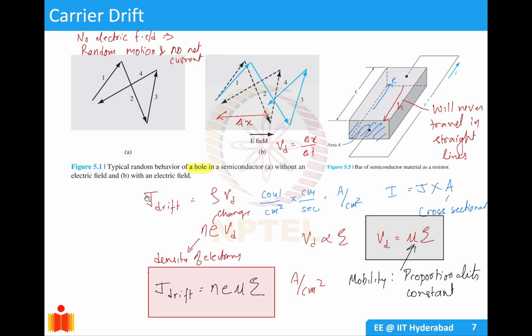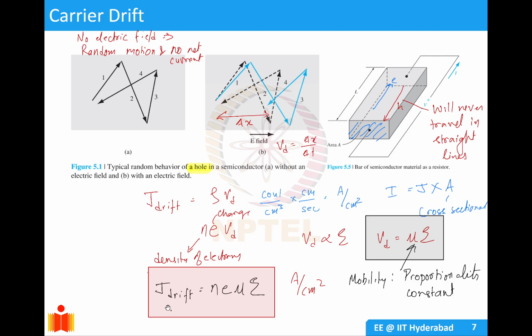This is the drift current density, which is given as rho Vd or N e Vd, where N is your electron density, e is your charge of electron, and Vd is your drift velocity. Instead of this, you can also write it as N e mu epsilon, where epsilon is your electric field and mu is your mobility. This is the value for electron conduction.